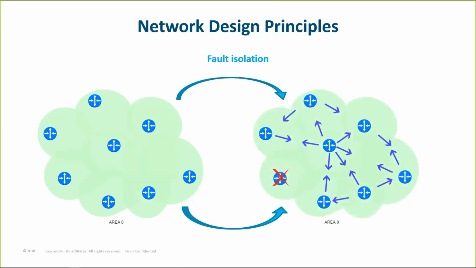All this process not only takes time, it takes resources, and causes instability. When all the devices in the same failure domain are recalculating, this is causing instability. This is causing a loss of traffic.